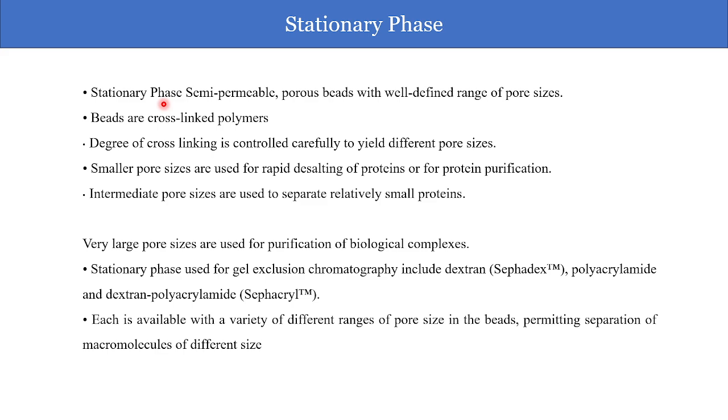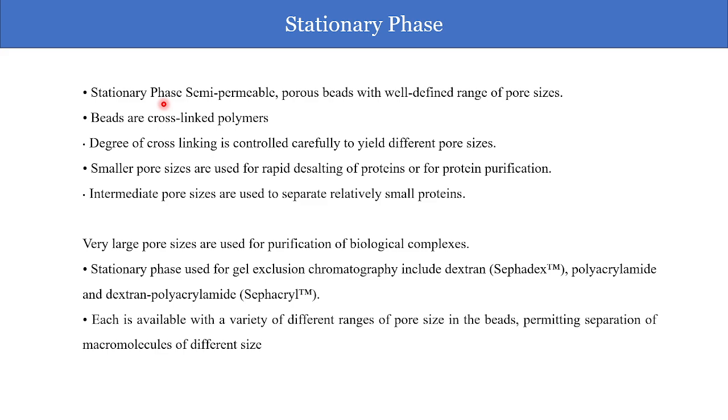All good? Great. Now, very large pore sizes are used for purification of biological complexes. The stationary phase used for gel exclusion chromatography includes dextran, polyacrylamide and the dextran polyacrylamide mixture, which we call the Sephacryl column.